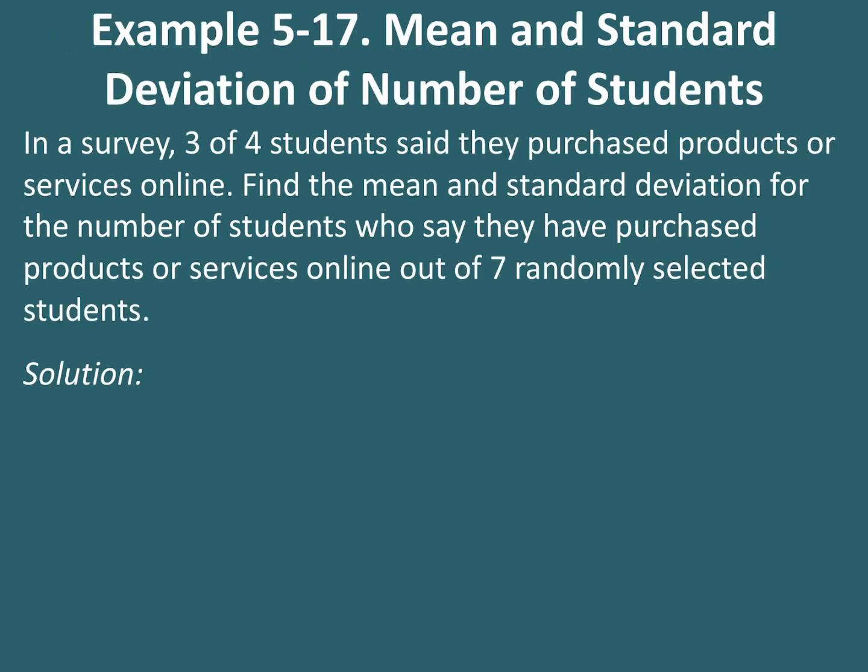In a survey, 3 of 4 students said that they purchased products or services online. Find the mean and standard deviation for the number of students who say they have purchased products or services online out of 7 randomly selected students.